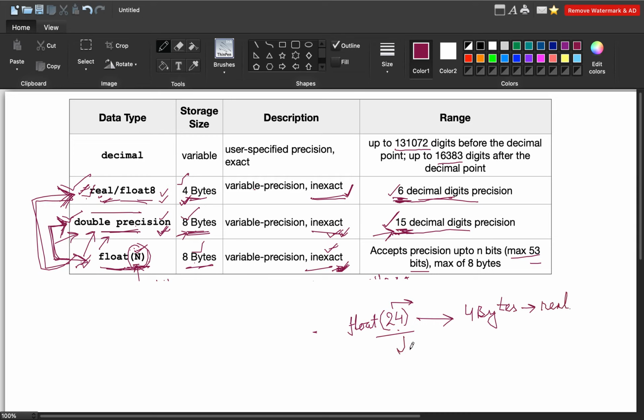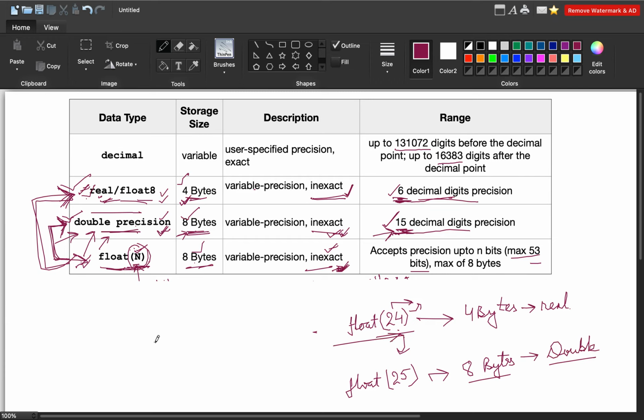But if it is beyond that, the moment I give float 25, that means more than 24, then the required space to store the value is 8 bytes, and it gets converted to double precision. So this is the threshold value.